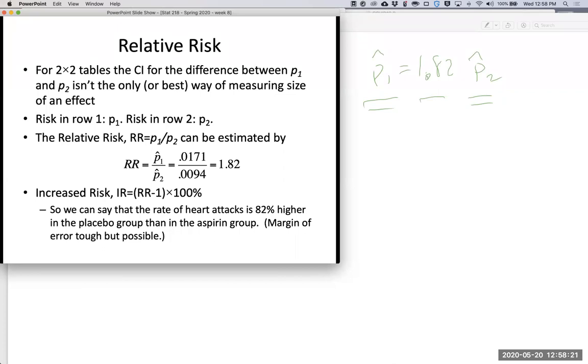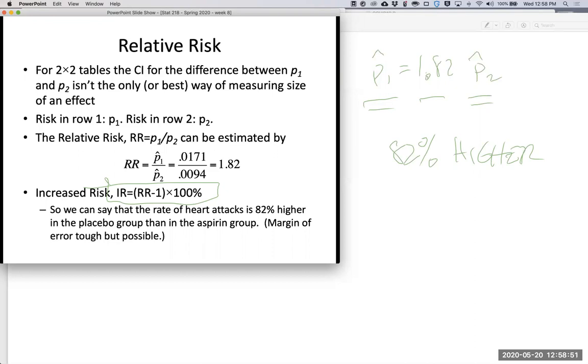If you switch from taking aspirin to taking the placebo, you have your risk of a heart attack multiplied by 1.82, or if I were to express this with an increased risk, which is more natural, I'd say 82% higher. The risk of a heart attack is 82% higher in the placebo group than in the aspirin taking group.